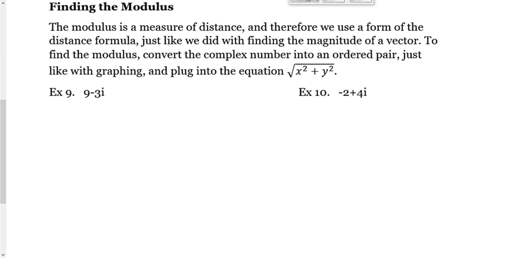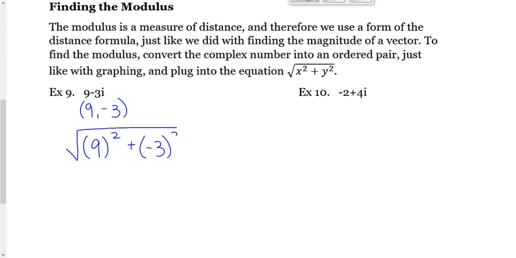The exact same way that you did back in graphing, you're going to take this and make it an ordered pair. Your real term is still your x, your imaginary term is still your y. Now we're just going to plug it in. 9 squared plus negative 3 squared.